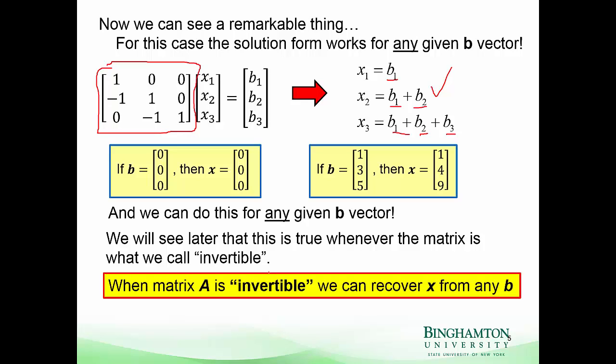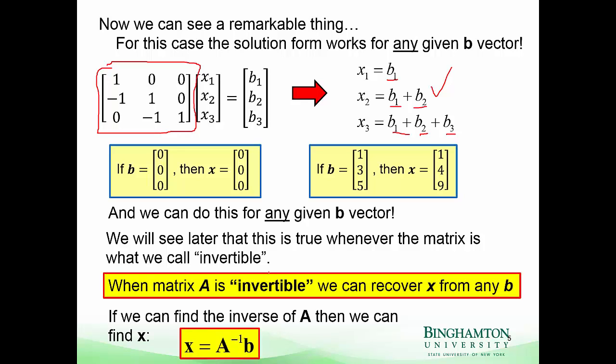So whenever matrix A is invertible, we can recover x from any b. And if we can find this magic inverse of A, which we'll call the inverse matrix, then to solve for x, all we need to do is multiply it by b, and bing, it gives us the x.